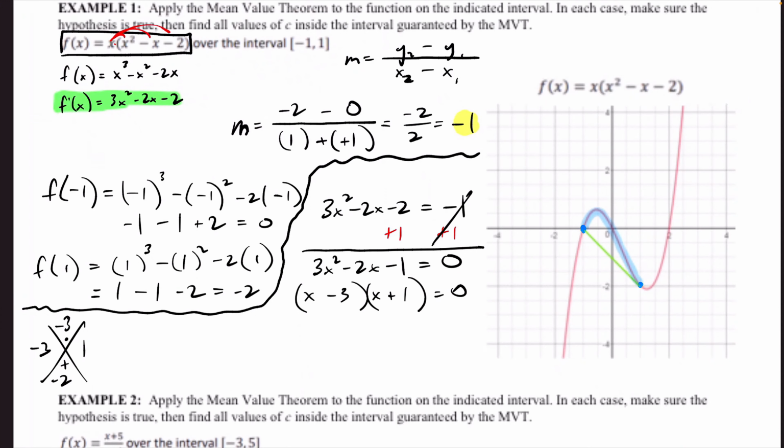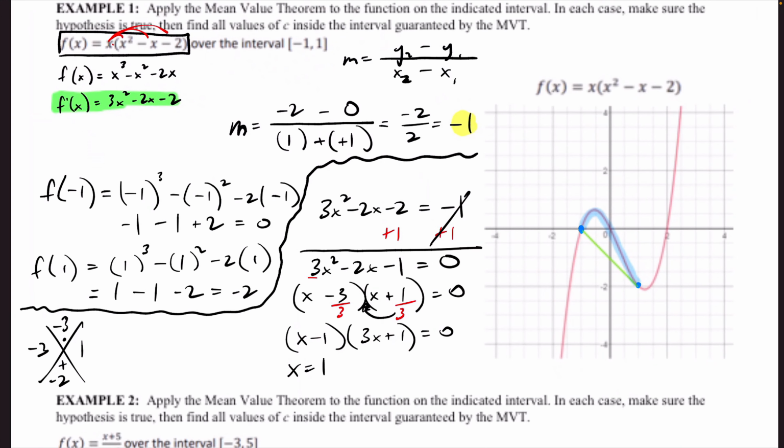But then I have to divide by a, and if I can't, it moves to the top. So I get x minus 1 and 3x plus 1. I get two answers. I get positive 1 and negative 1/3.